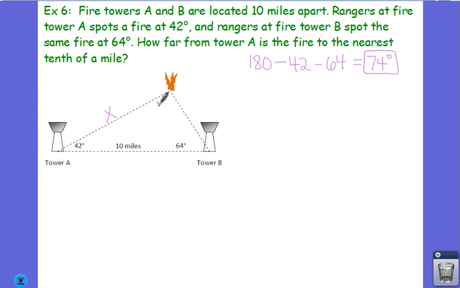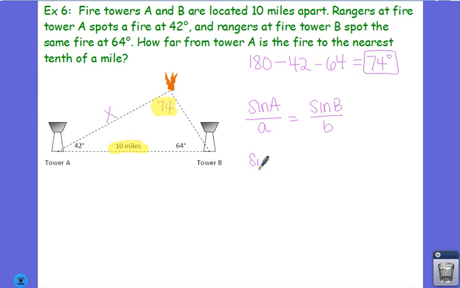So I'm going to put 74 right here. So now do we have an angle side pair? Absolutely. There's our pair. So because we don't have any letters, we'll just use A. Sine of A over A equals, and since this is tower B, we'll use the B parts. Sine of B over B.